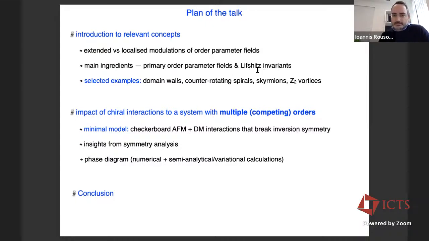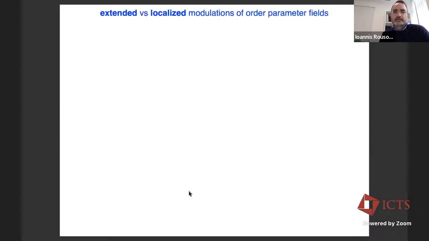I'm going to talk about Lifshitz invariants, which seem to play a very important role in some of these phases. And then I'm going to give you some selected examples from my own research in the last years. And then I'm going to move on to the main topic of the talk, which is the impact of Dzyaloshinskii-Moriya interactions in a system that has already not one, but multiple competing orders. And then I will conclude. Okay, so let's begin.